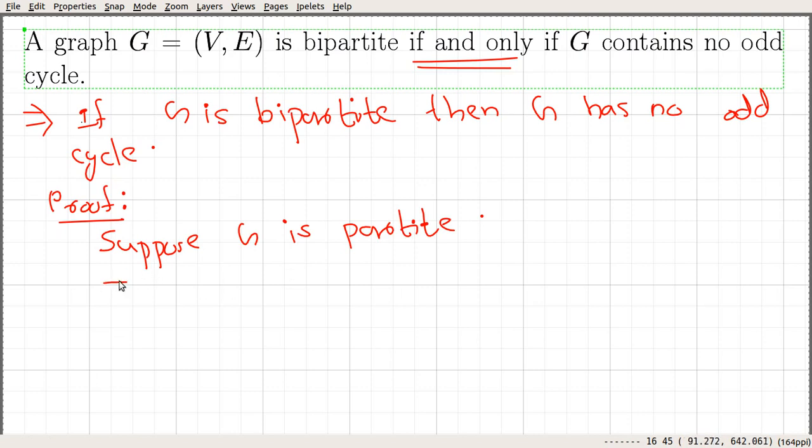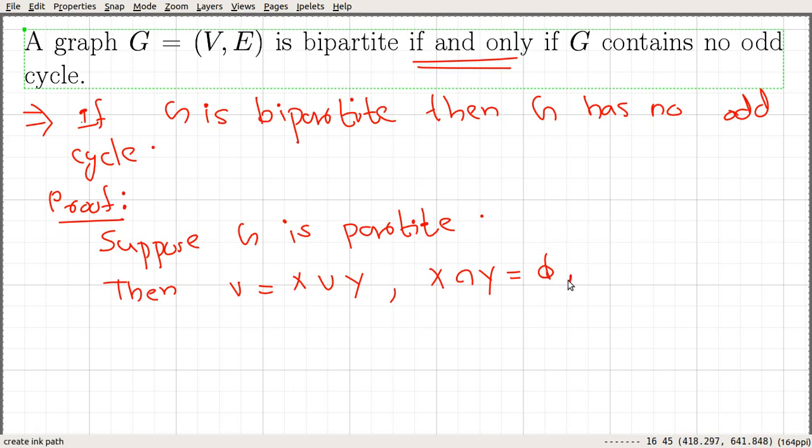Since G is bipartite, we can partition the vertex set into two subsets x and y, where x intersect y is the null set.